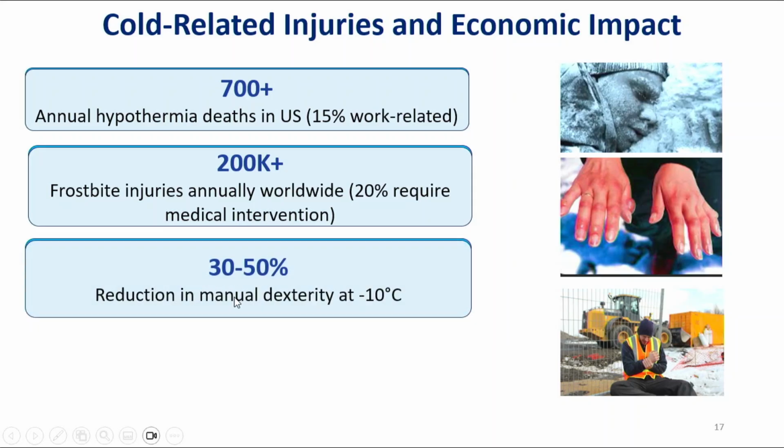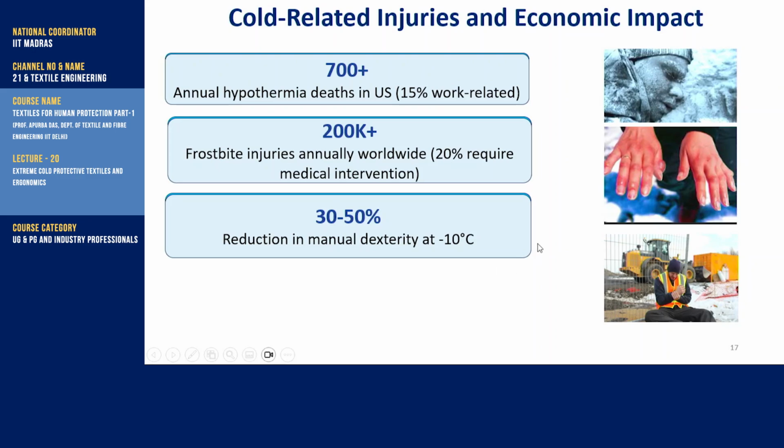There is a 30 to 50% reduction in manual dexterity at minus 10 degrees Celsius. So, people are incapable of regular performance at that temperature, because there is a 30 to 50% reduction in manual capability.